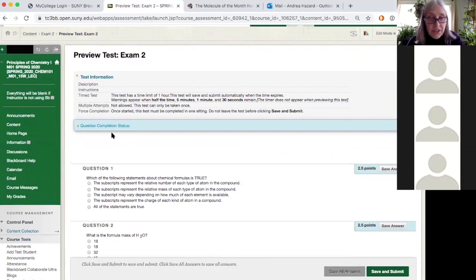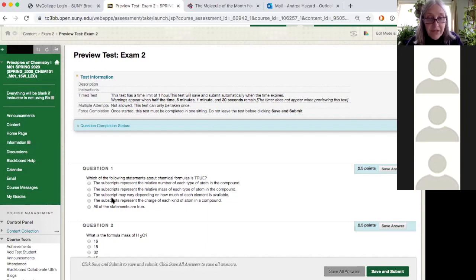Question 1, which of the following statements about chemical formulas is true? I have to read through these. The subscripts represent the relative number of each type of atom in the compound. That sounds right, but let's read the rest. The subscripts represent the relative mass of each type of atom in a compound. It's not mass, it's number, so that would be incorrect.